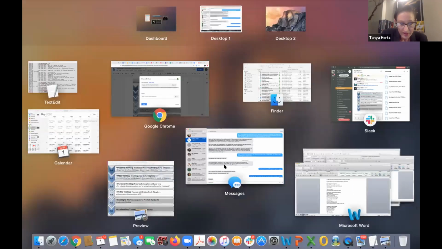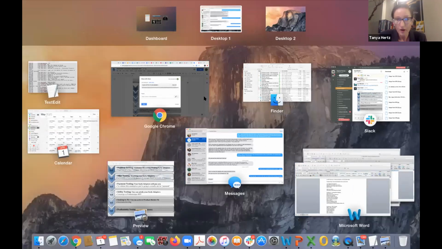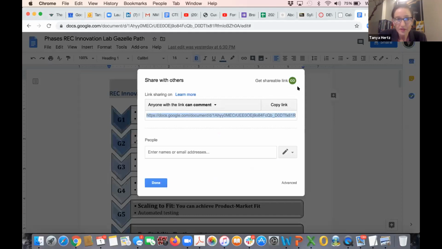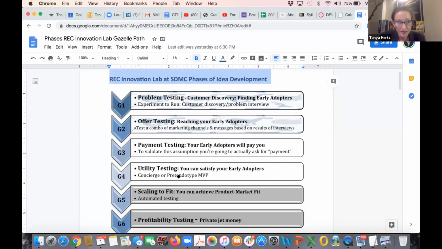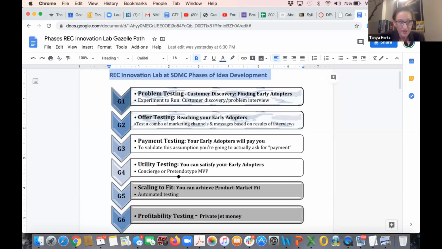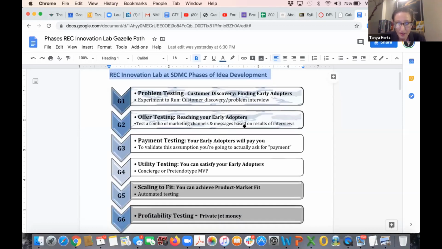If we don't have any specific questions right now, I do want to share with you all, let me move this out of the way, the form that shows the phases of the lean methodology that we are going through together.